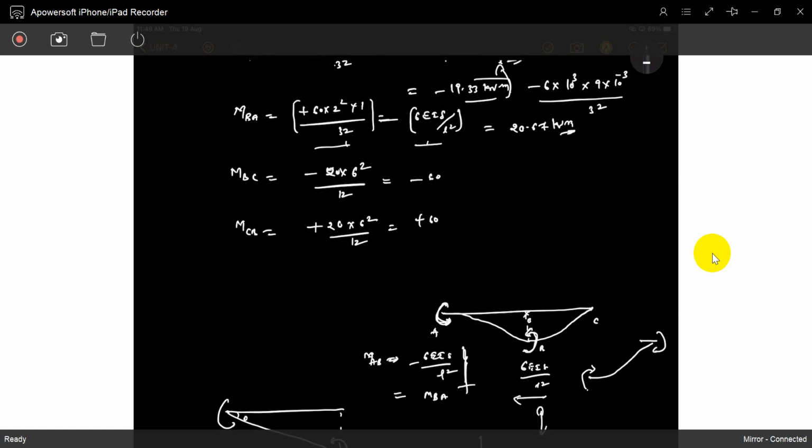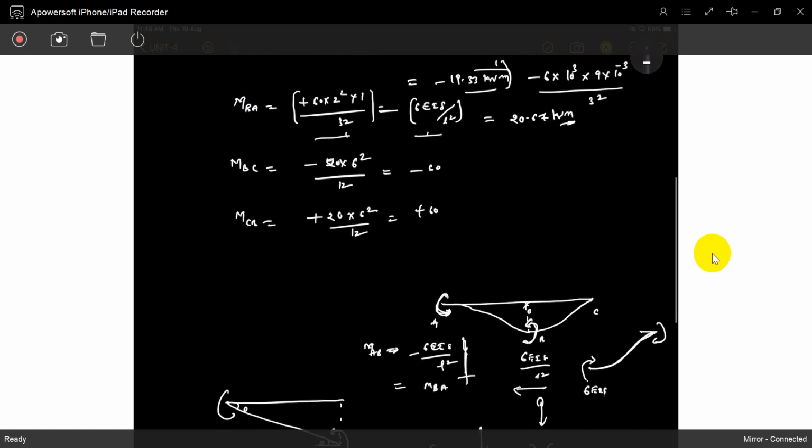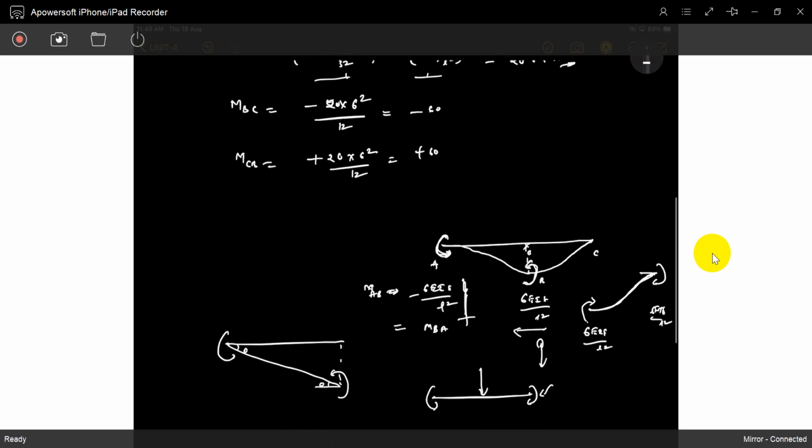So this is also the same, 6EI delta by L square. This is also 6EI delta by L square. If you see, MBC is clockwise. And MCB, CB is also clockwise.